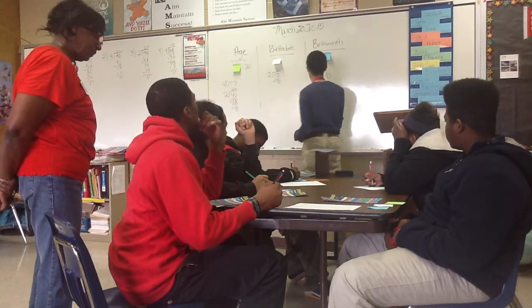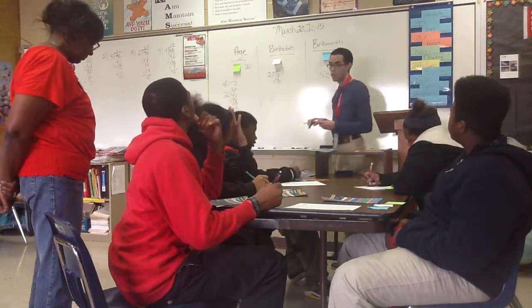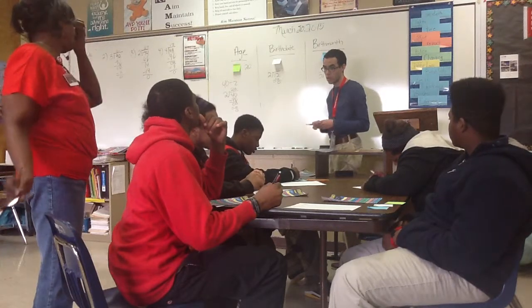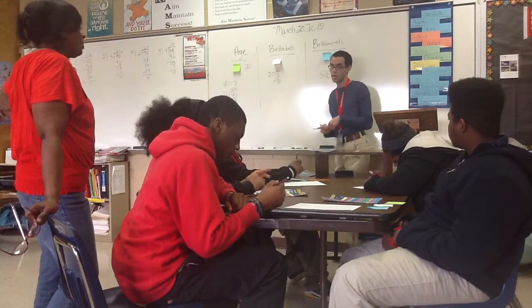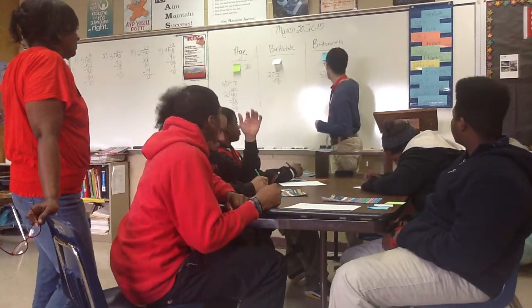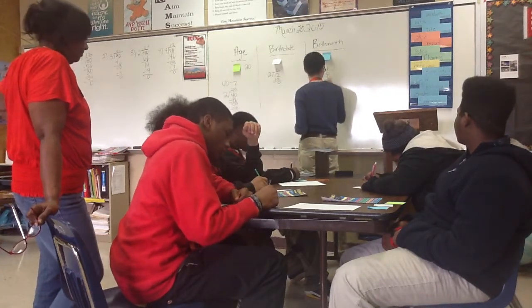So I did 18 divided by 3. Three goes into 18 5 times. Okay, what's 5 times 3? 15. 6 times 3? 18. Mm-hmm.